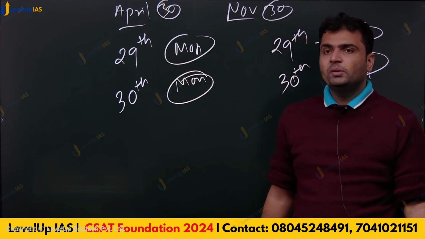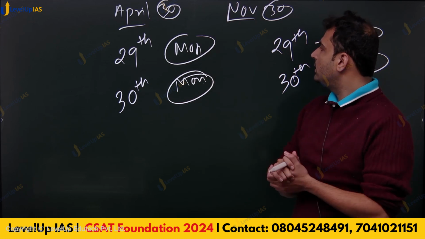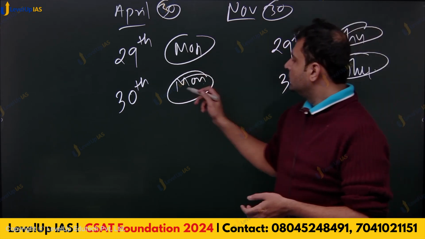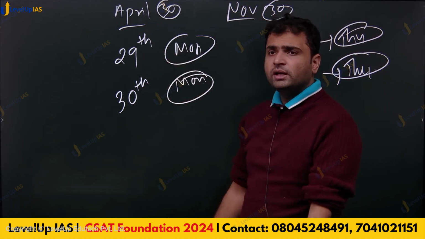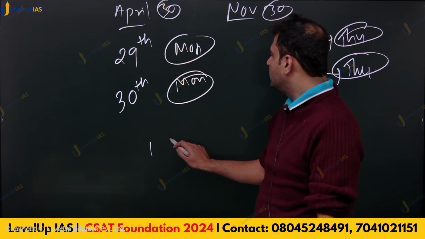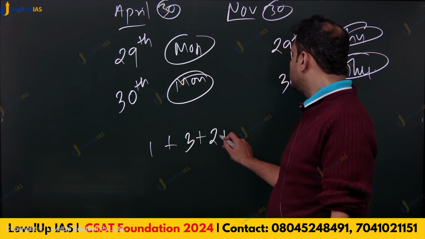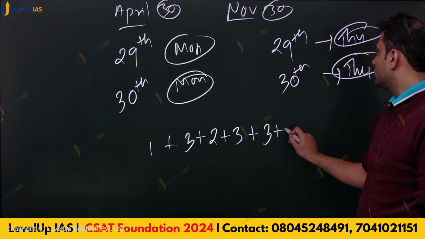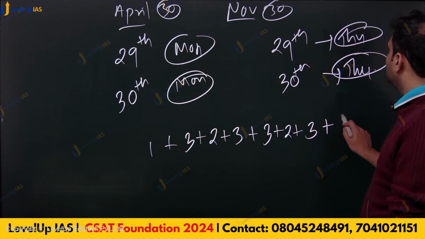Let us begin by assuming 29th April as Monday. So let us calculate what is 29th of November. Calculating extra days, because it is April, we are on 29th, so we have 1 extra day in April, then 3 in May, 2 in June, July, then August, September, October, and November we have to go till 29.